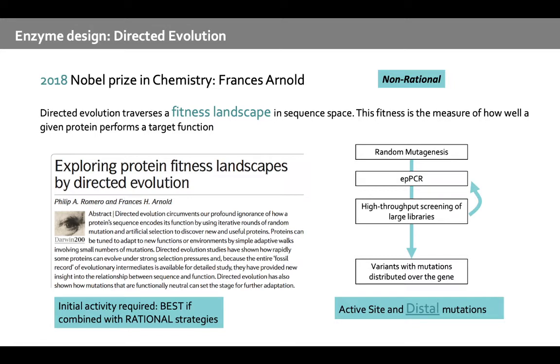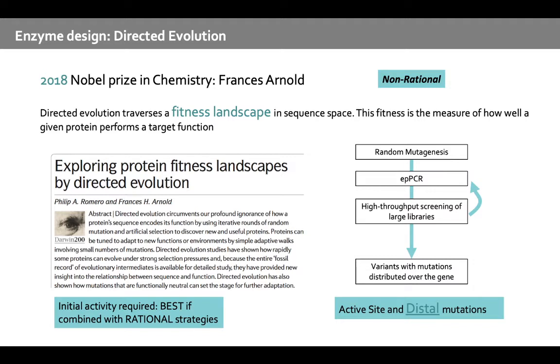This strategy is based on random mutagenesis. You make the polymerase make errors, and with that you get a huge library of variants. These variants have the advantage that the mutations are distributed all over the gene. So it's not restricted to the active site, but it can incorporate mutations everywhere.